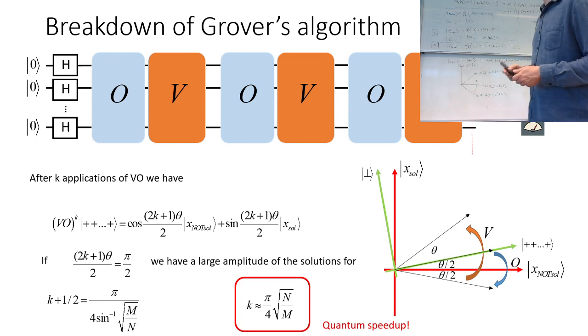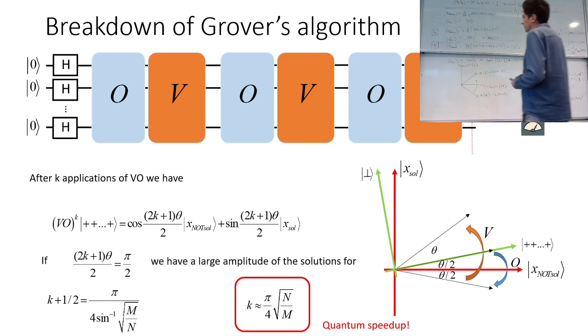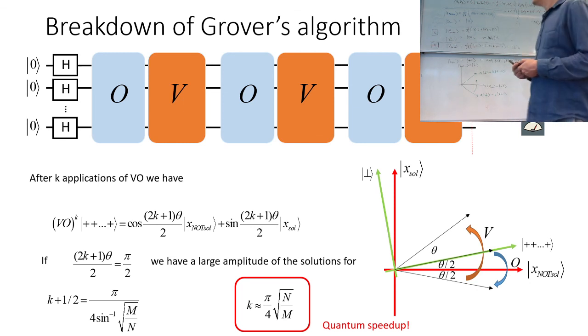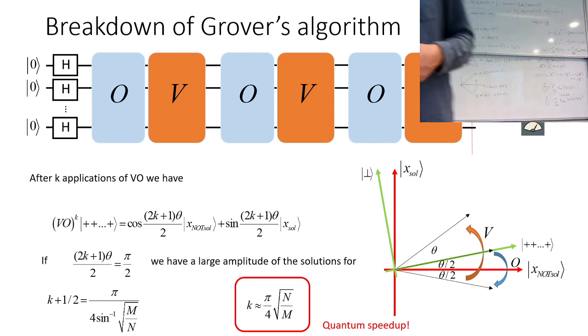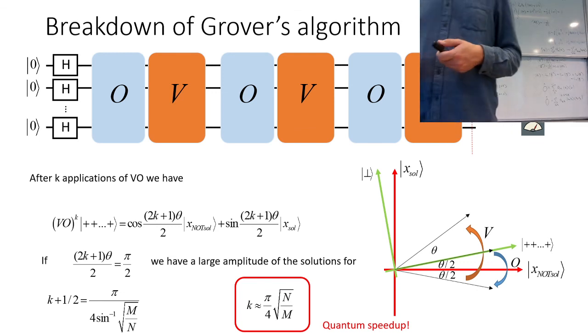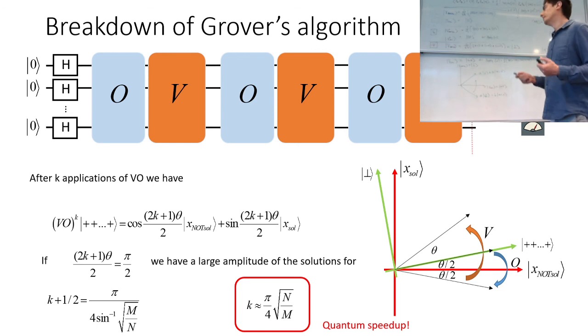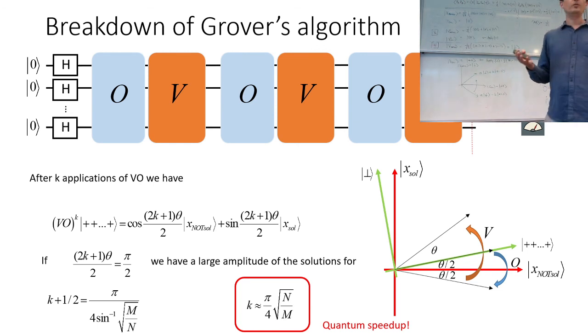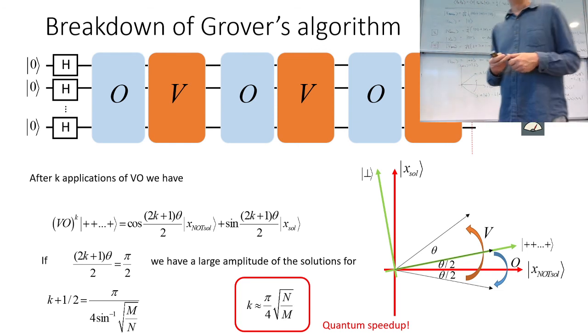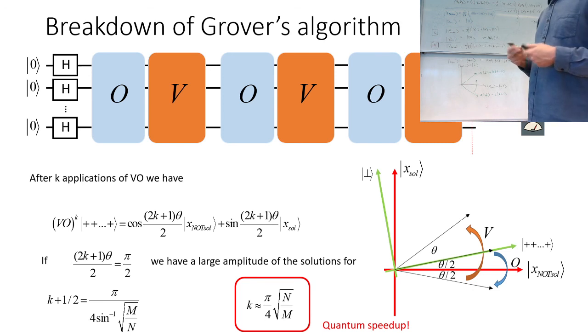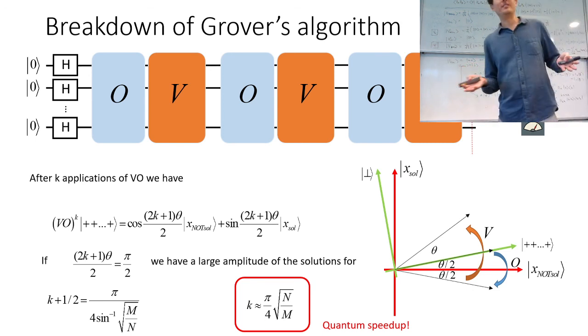But this number is different from this one and this one. I'm just talking order of magnitude. Pi over 4 is 0.7.